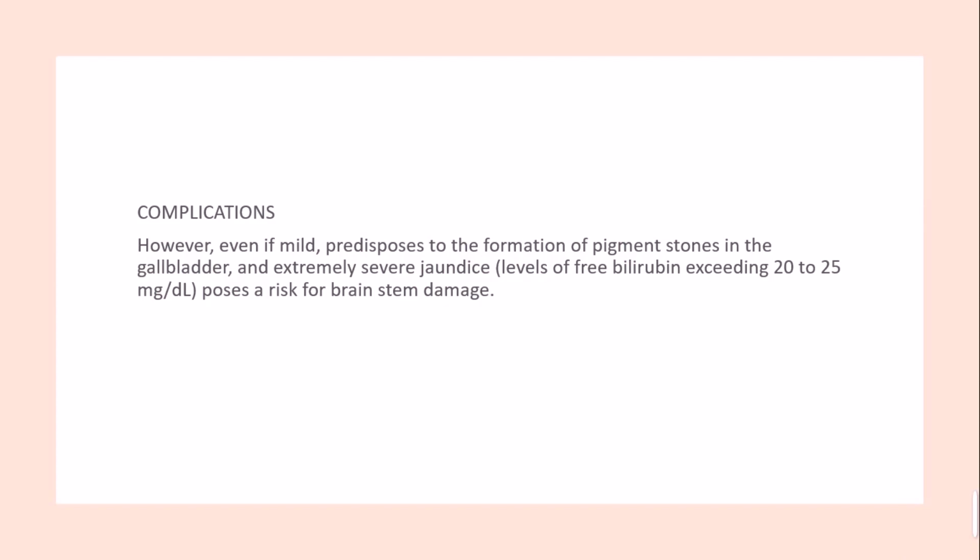The complication is that even a mild case of hemolytic jaundice predisposes to the formation of pigment stones in the gallbladder, which is not a good sign. These pigment stones may stay there long term and cause problems in the gallbladder. And in extreme, severe jaundice where the level of free bilirubin exceeds 20 to 25 mg per dl, this can cause brain damage as well.